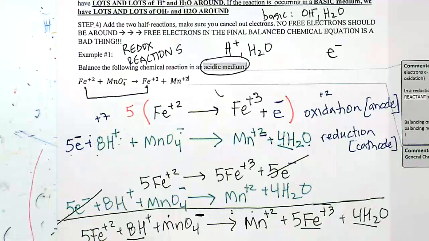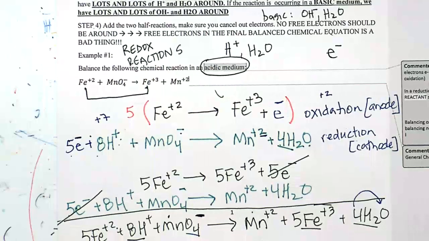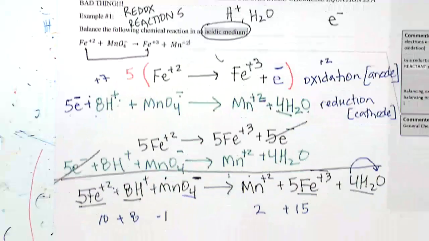How many oxygens? 4 oxygens, 4 oxygens. And now we'll balance the charges. How will we balance the charge? 5 times 2 is what number? 10 plus 8 minus 1.